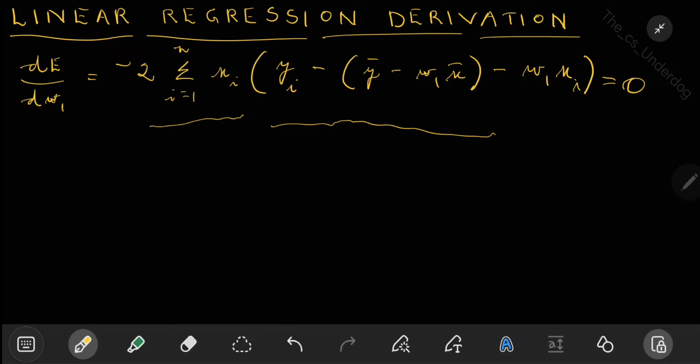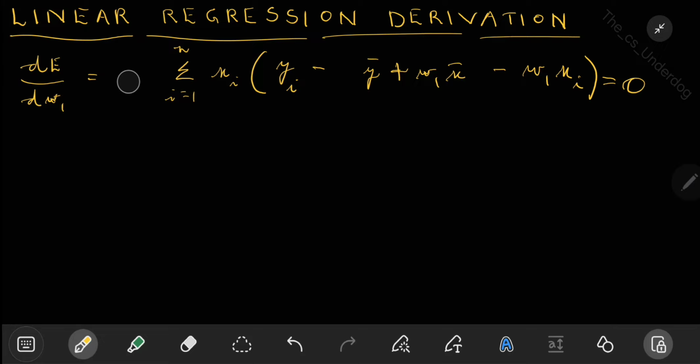Let me write neatly. First thing is, if we open this bracket, this will become minus y bar and this will become plus w1 x bar, okay? Let us solve for this. As always, this minus 2 will go away if you divide both the LHS and RHS by minus 2. So I'm removing this minus 2.